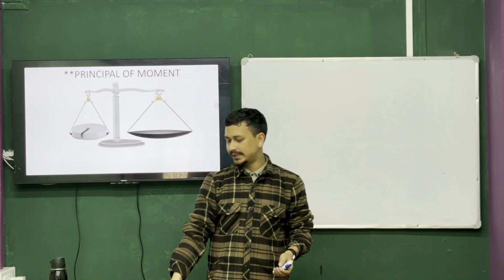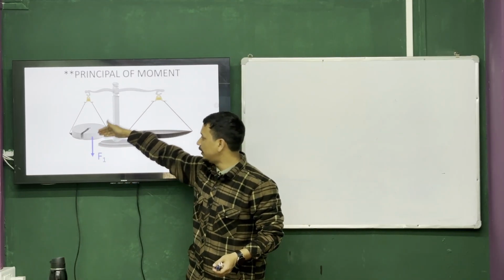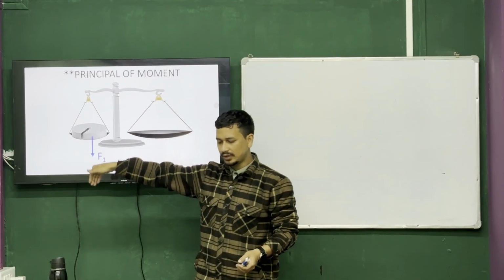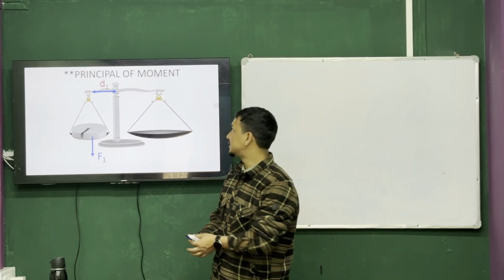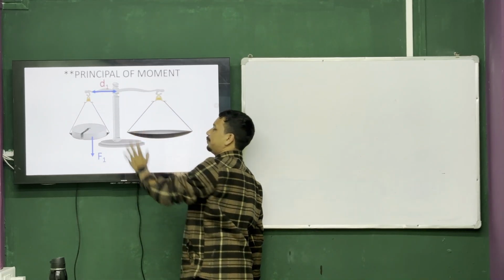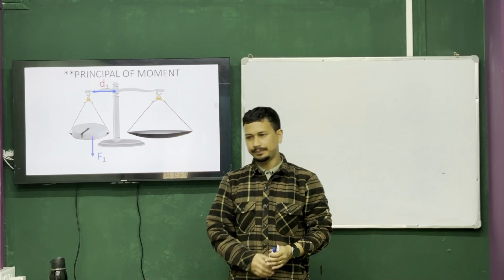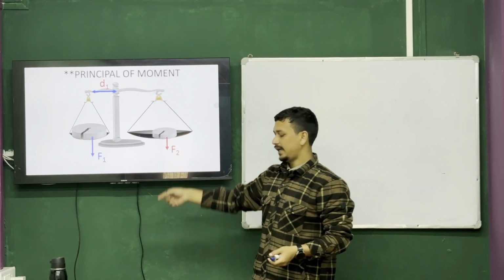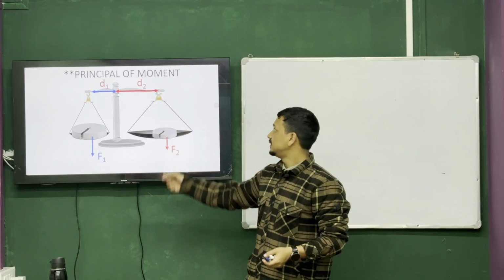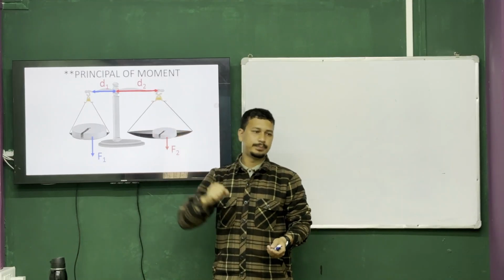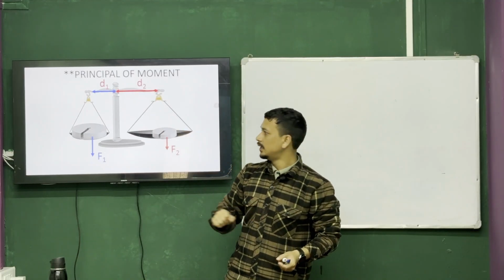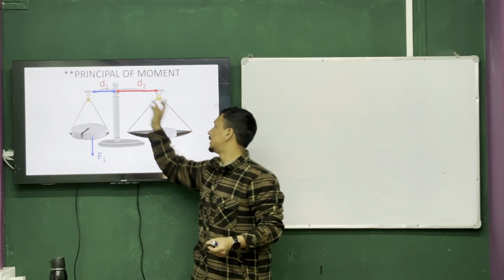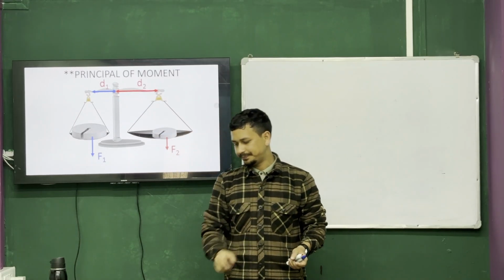Let's say that it's exerting a force of F1 at a distance of D1 from the pivot. Okay, let's say we have another mass F2 at a distance of D2 from the pivot. Alright, so the forces are different, distances are also different.